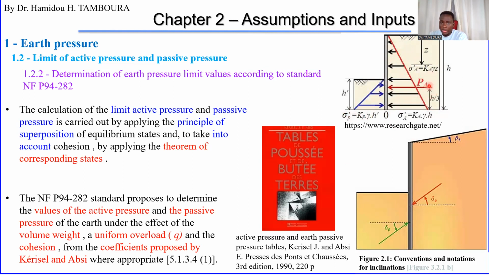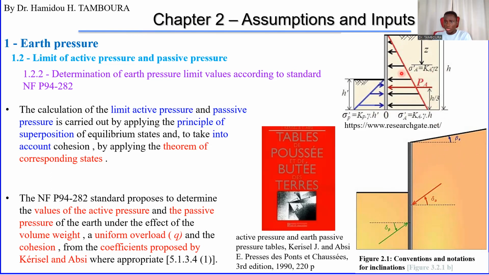when the earth is at rest, the soil is not moving, then you use K0. The K0 we talked about at the beginning of this video, K0, when the soil is not moving. But in the case here, the soil mass behind the retaining wall is moving.